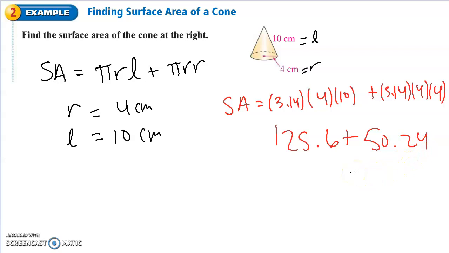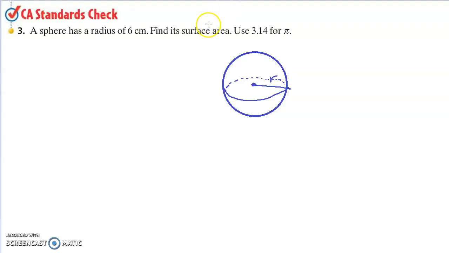If I add them together, 125.6 plus 50.24, I get 175.84. And this would be centimeters squared, which is approximately 176 centimeters squared.